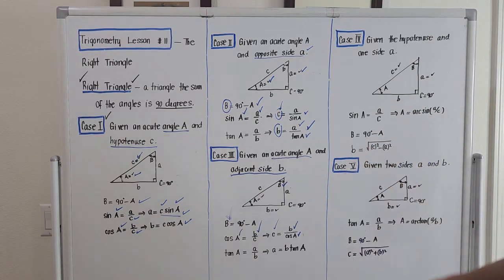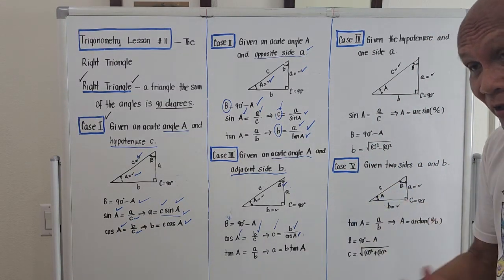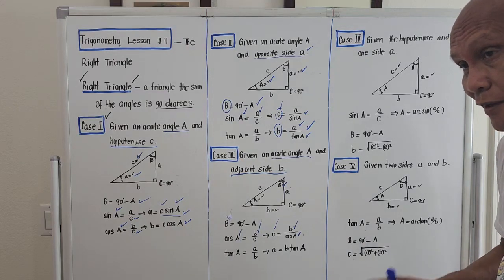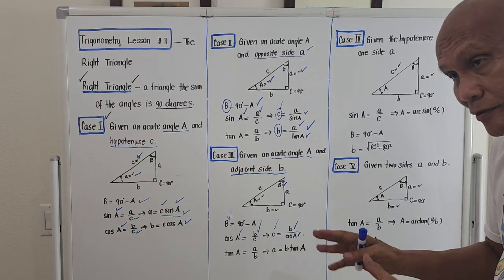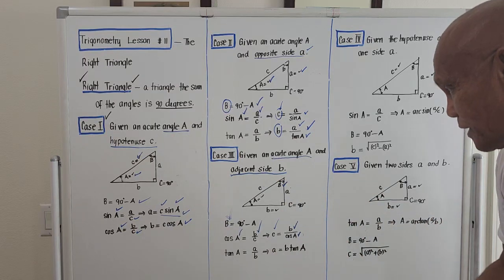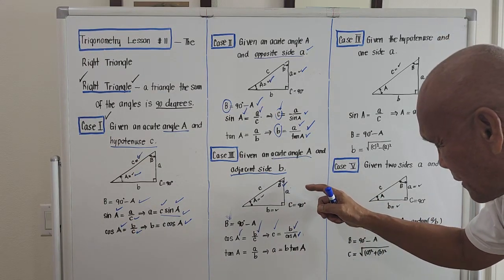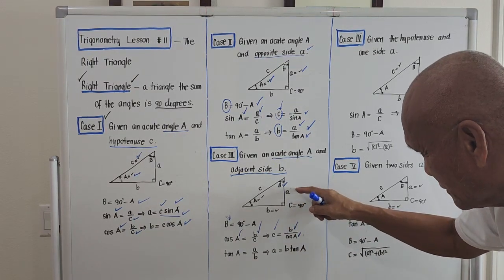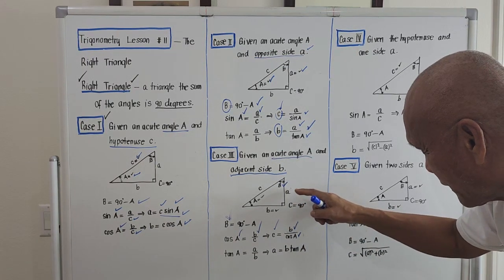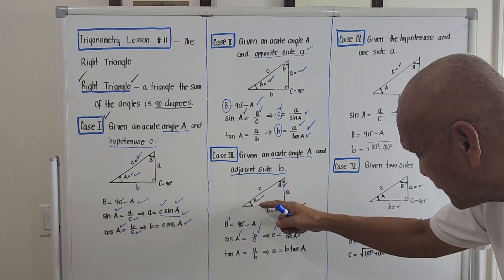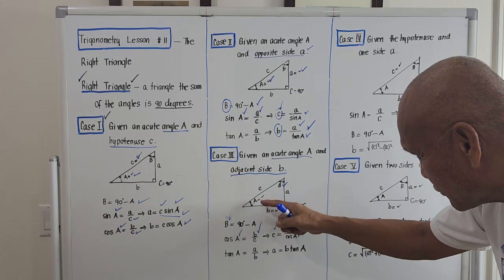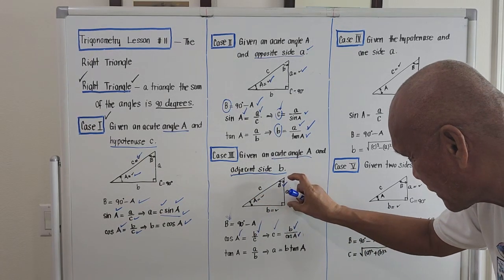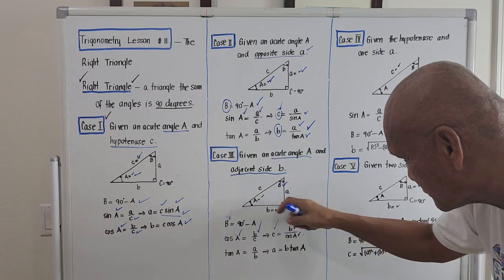You don't have to memorize this. Since I am teaching, I am just showing you how to derive the proper solution for each case. We now know C, so we'll compute for A. The relation of A with respect to B will be tangent considering angle A. So the tangent of this angle here will be the ratio of its opposite side over adjacent side.